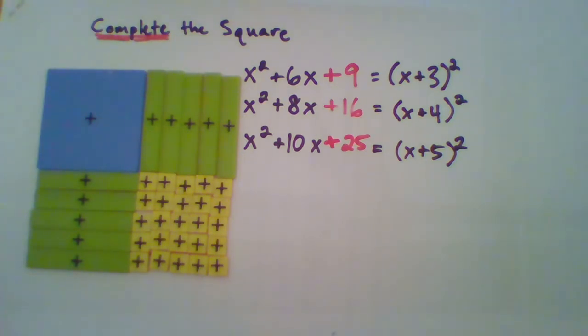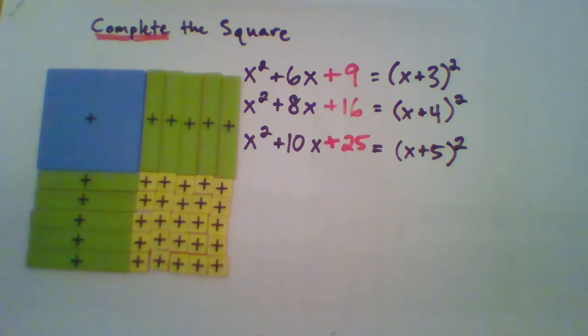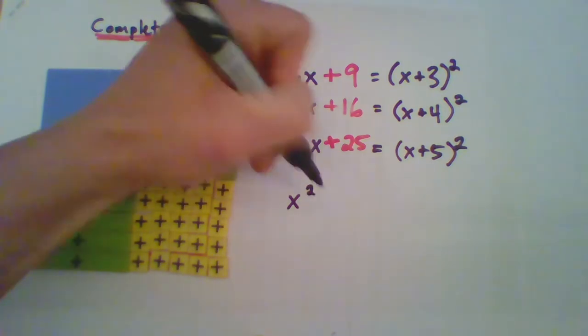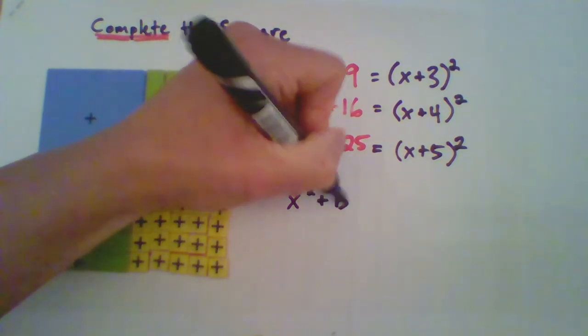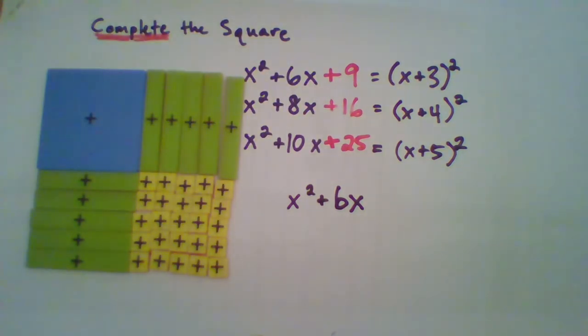So you probably don't want to draw this picture or get out algebra tiles every time you want to solve a problem with this. So that's why we have a general rule, right? And it's the same as the pattern that I mentioned before. You take half of the number of x's and you square it. So in general, if we had x squared plus bx, we take half of this number and square it.